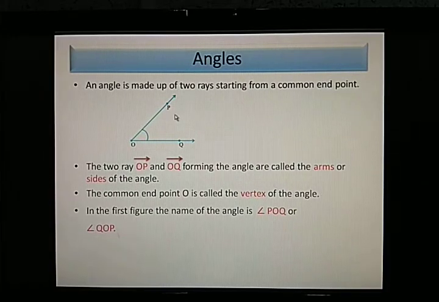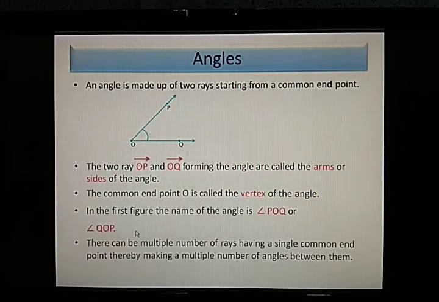This name would be angle POQ, or you can even say angle QOP. This is just an order of naming, and you can see here a particular symbol is given. This symbol denotes the angle. Whenever we write this symbol, it denotes an angle.